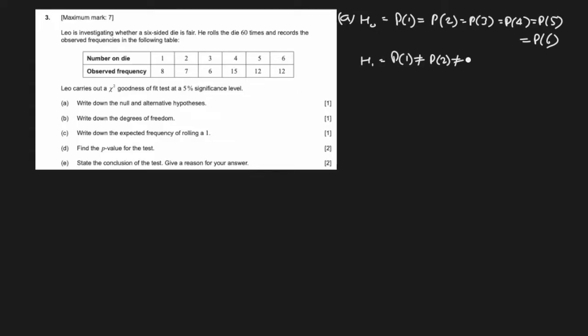So, our null hypothesis: this die is fair if probability of 1 is equal to probability of 2 equal to probability of 3 and so on. This is our null hypothesis, that all the probabilities are equal, the die is fair. So the alternate hypothesis will be probability of 1 is not equal to probability of 2, which is not equal to probability of 3 and so on.